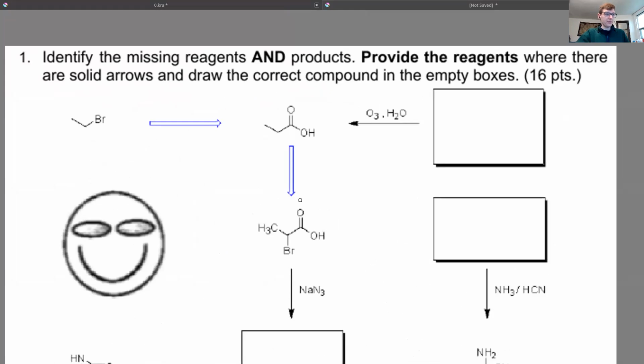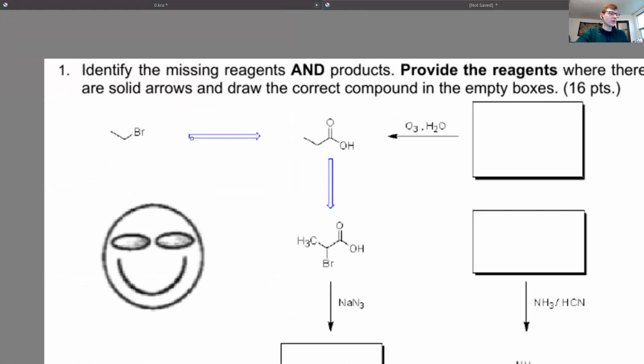Let's say that we want to fill in this arrow. So we have bromoethane, right? And we want to go to this carboxylic acid. What do you think we should do?